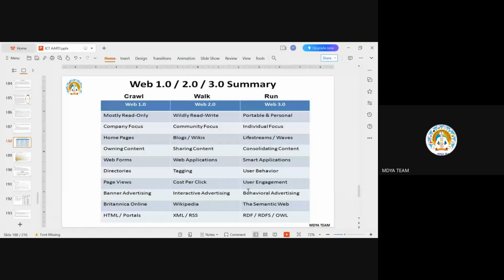First we will take the summary. SaaS is software as a service, because it is software that gives you the service. This word comes under Web 3.0.